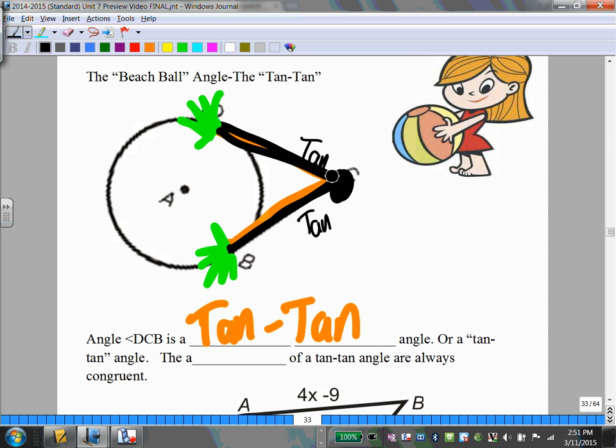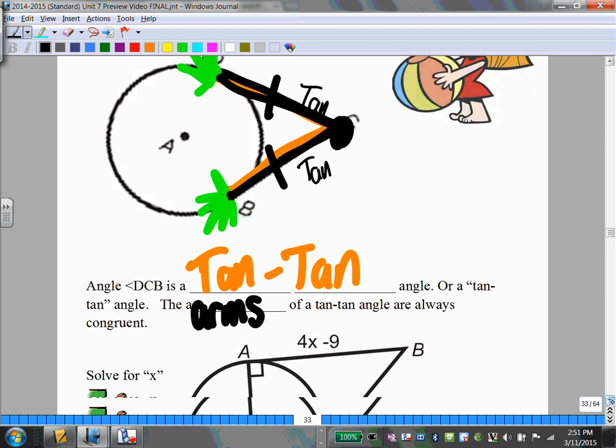You put your arms out, you're about to launch a beach ball, you should feel it. Your arms are going to be equal. So when you have a tan angle, the arms of the tan angle are always going to be equal.